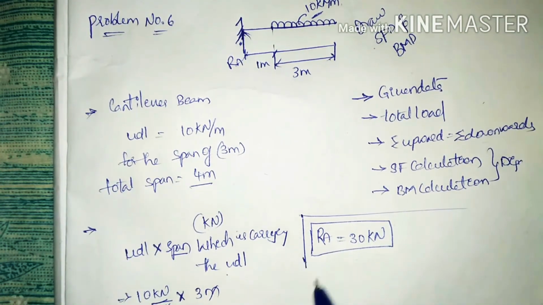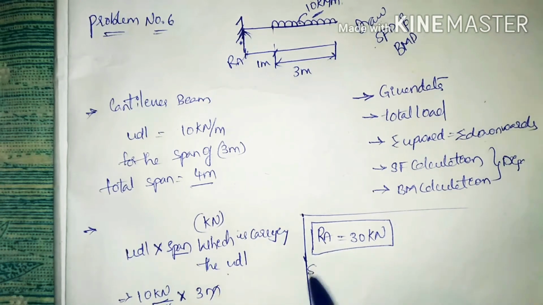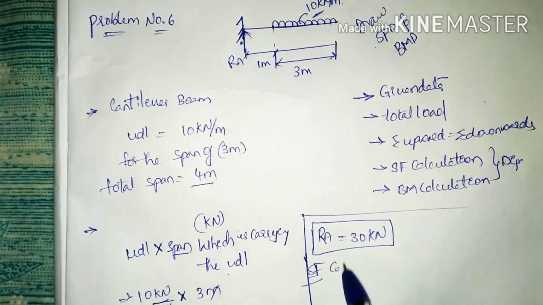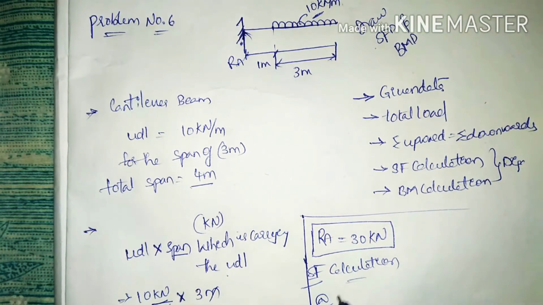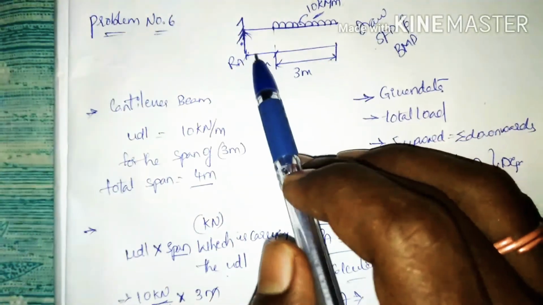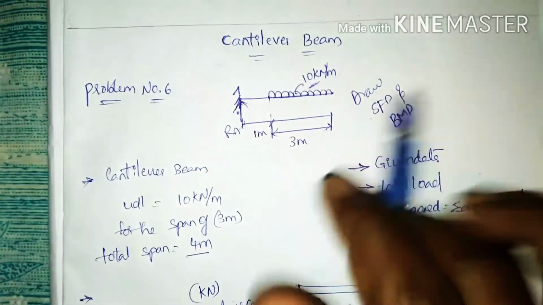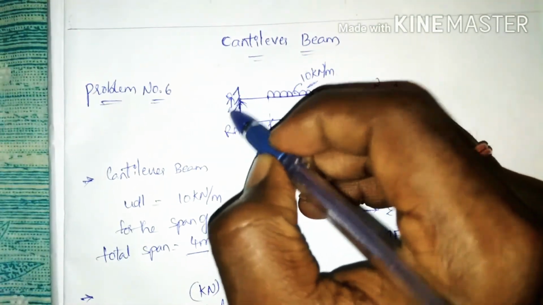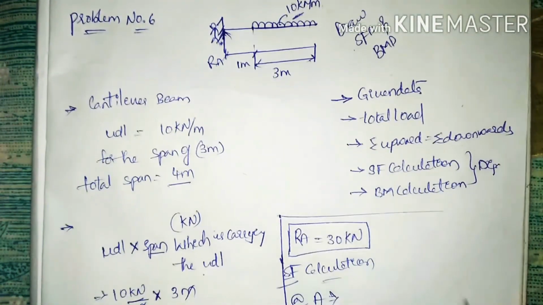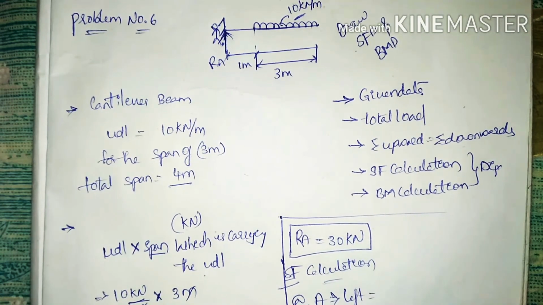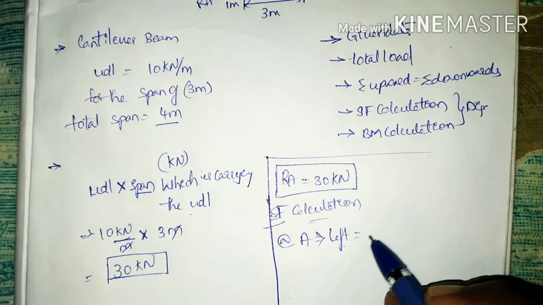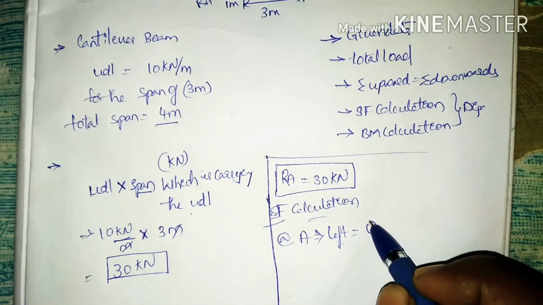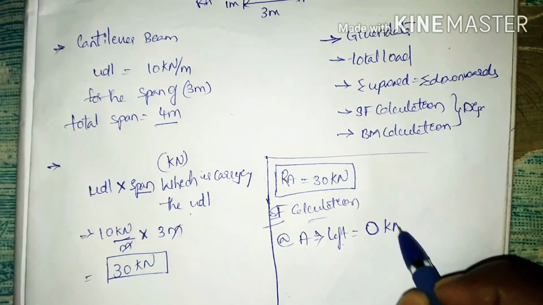Next, shear force calculations. At A, I am going to stand just left of A. To the left of A, I find no forces or reactions, so I consider it as 0 kilonewtons.